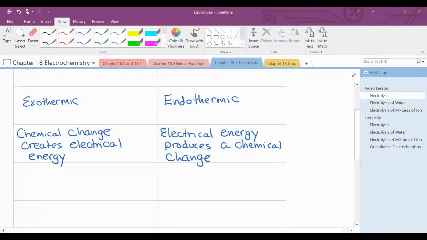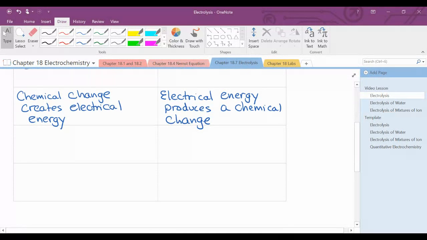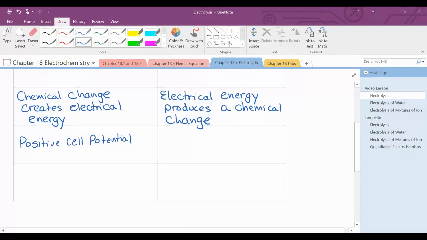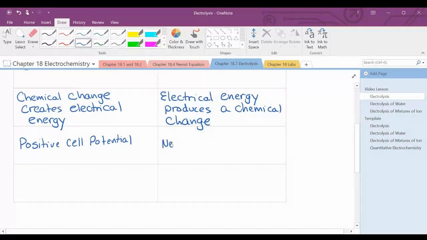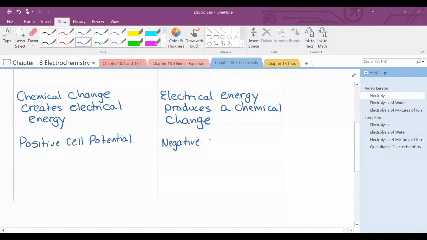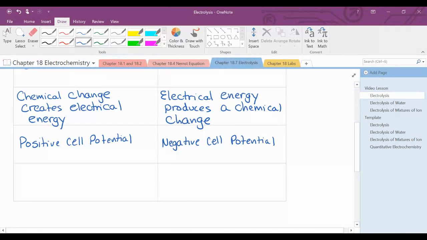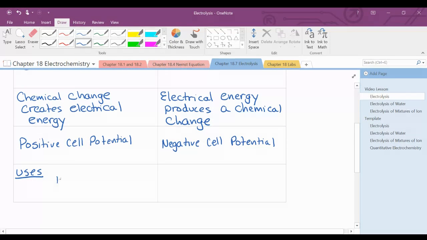In terms of cell potential, we know that a galvanic cell has a positive cell potential, while an electrolytic cell has a negative cell potential. The uses of a galvanic cell are batteries and fuel cells, which you're reading about later this week.